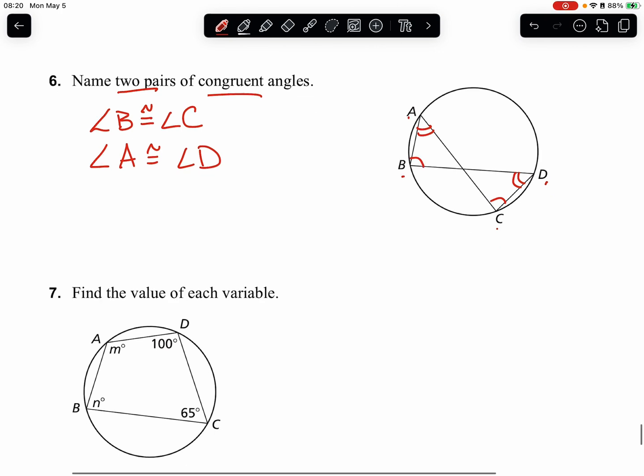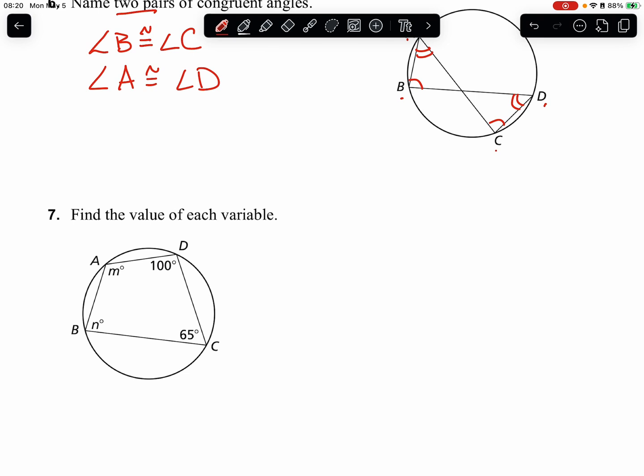All right, find the value of each variable. So again, this is looking at that theorem where we have a quadrilateral inscribed. And so we know that opposite angles will be supplementary. So how do I get the measure of angle B, which is n?